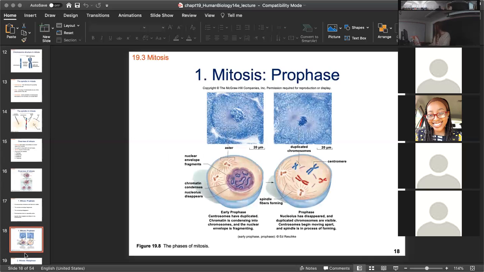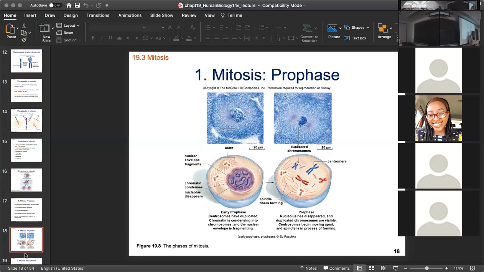Here's another picture of that. This is a cartoon picture, and then this is a real life picture from a microscope that's showing it. You can see the chromosomes in the nucleus here at the top. You can see the aster and start to see the centrosome. Those are those fibers right here. You may want to look at this one in your book when we're done with the PowerPoint because projecting it is not as great. You can now see that there are duplicated chromosomes.